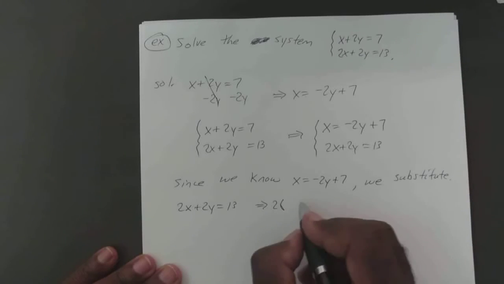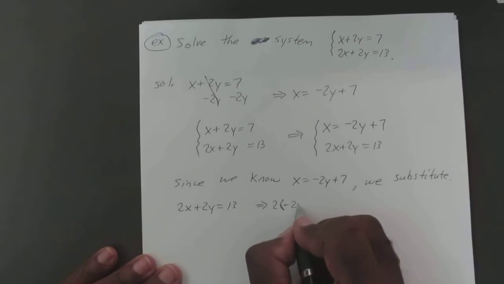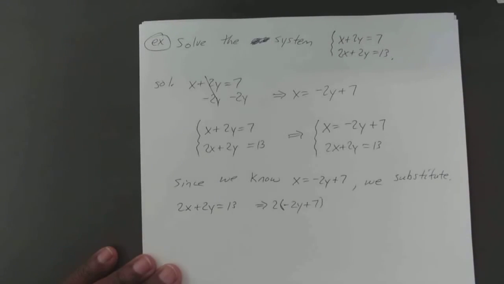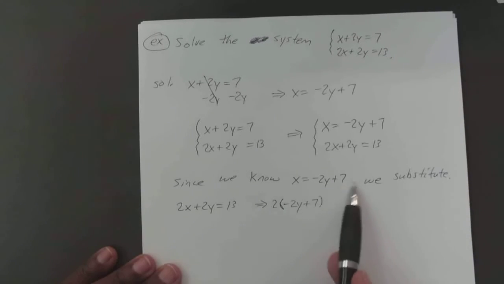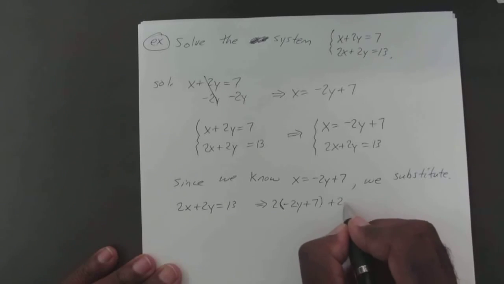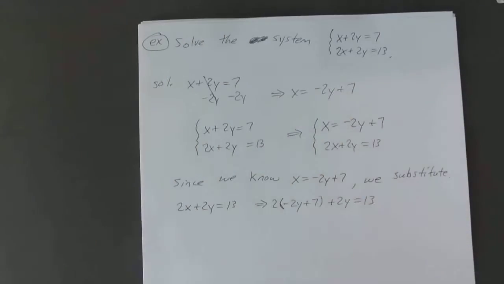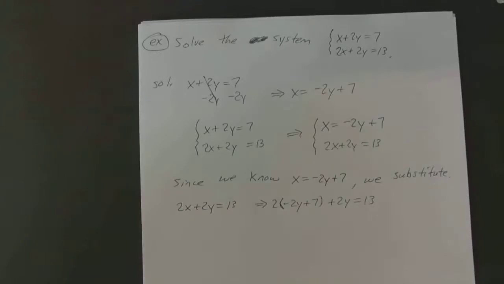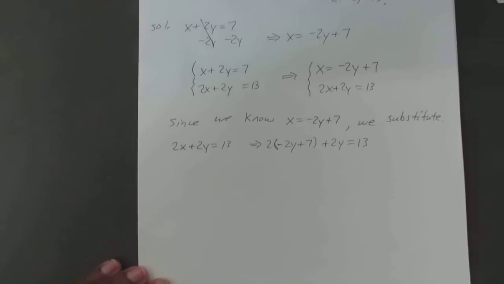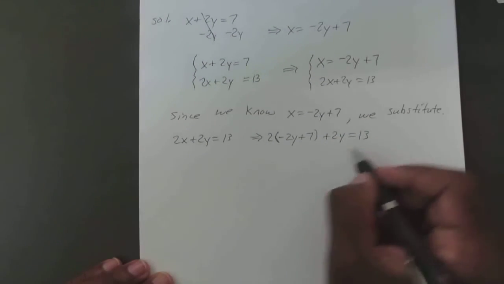So that gives us 2 times negative 2y plus 7, plus 2y equals 13. All we did was just replace that x with the equal amount. Okay. Any questions on that step so far? No, right?